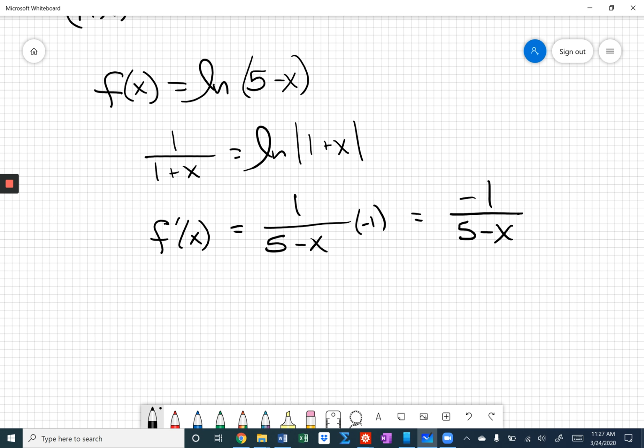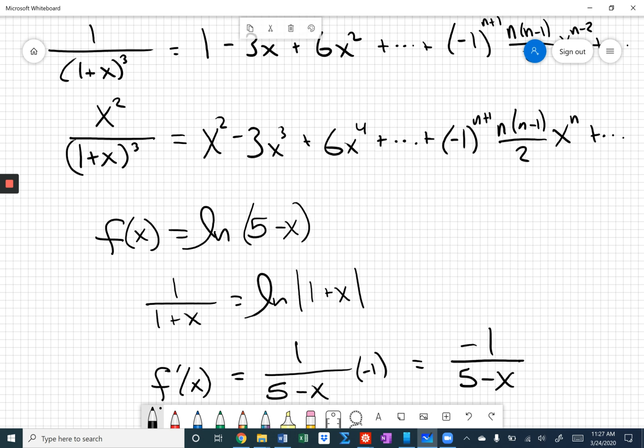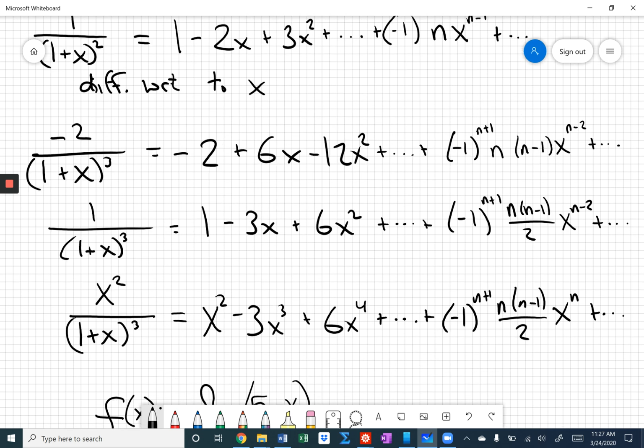All right, so let's work out the algebra for this. The -1 I'll leave alone for now. I'm going to factor out a 5 and get 1 minus x over 5 here. And then you can think of this as -1/5 times 1 over this.